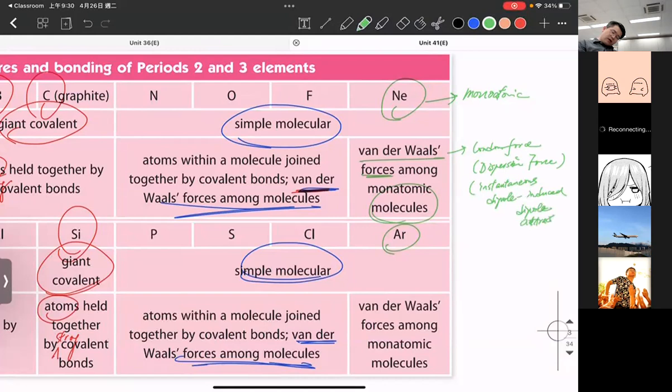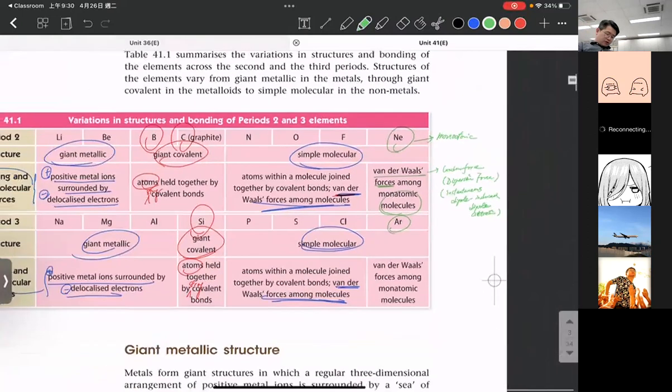They are just the same. Can you get what I mean? So these three are the same. While for dipole, we talk about polar substances, so this is different.